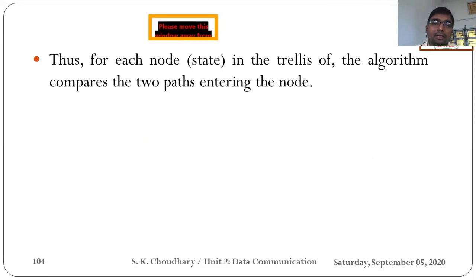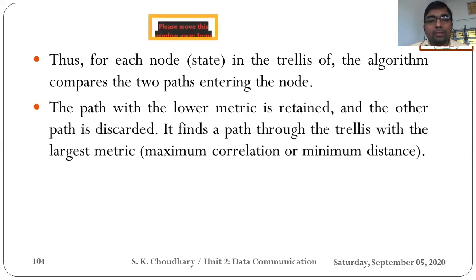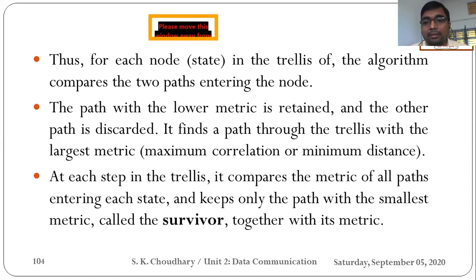In this way, for each node or each state, node means state, A, B, C, D, whatever, the algorithm compares two entering paths, because we know that from each state there are two output branches, and each node can receive two inputs, either 0 or 1. The path with the lower metric is retained and the other path is discarded.